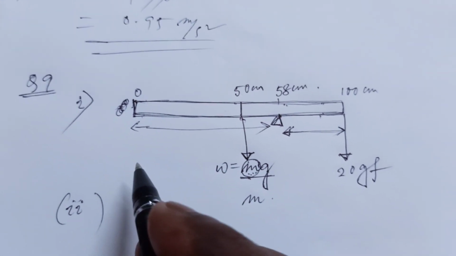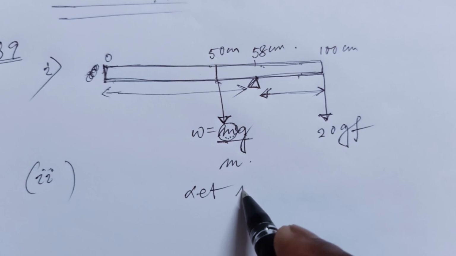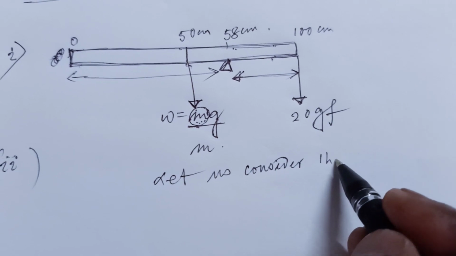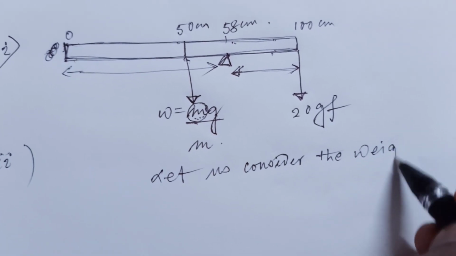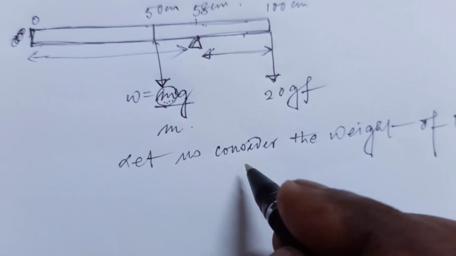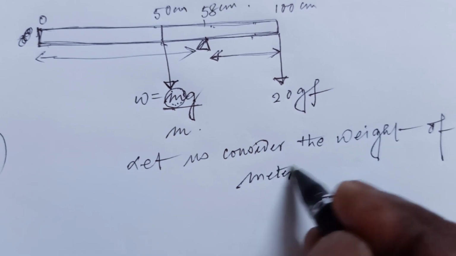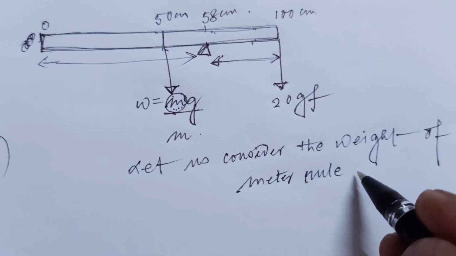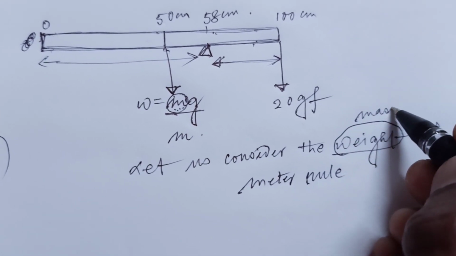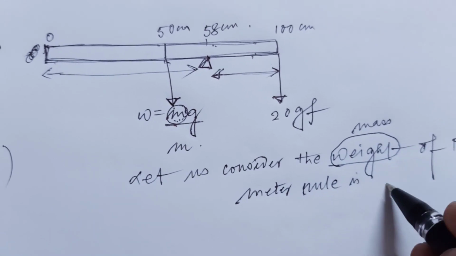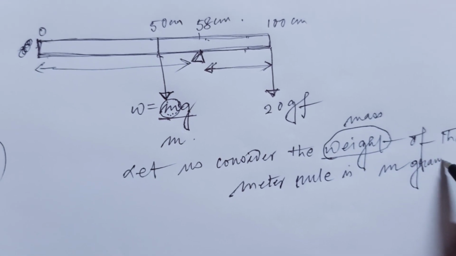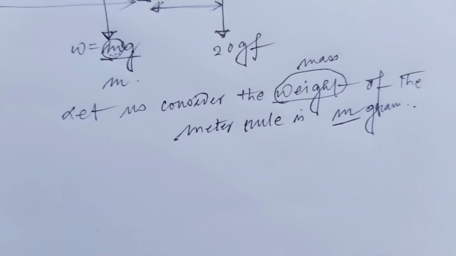Let us consider the weight of the meter rule: suppose the mass of the meter rule is m gram.